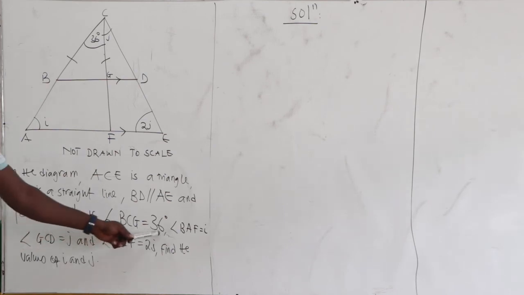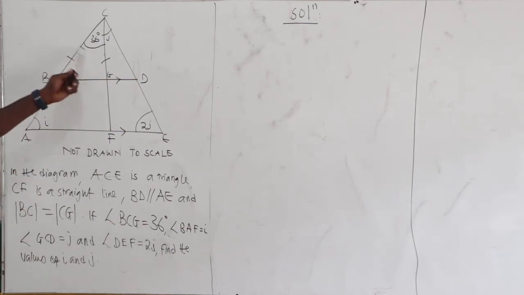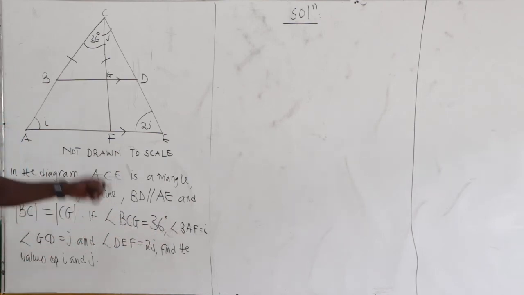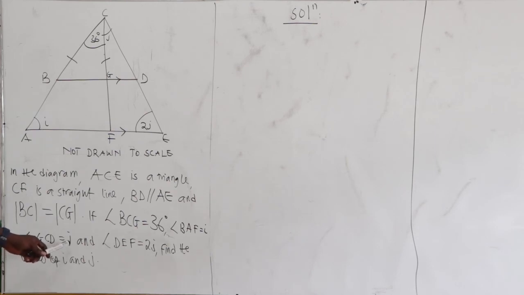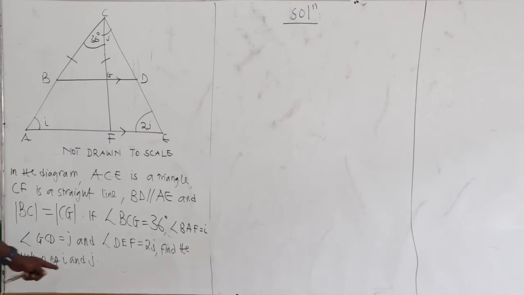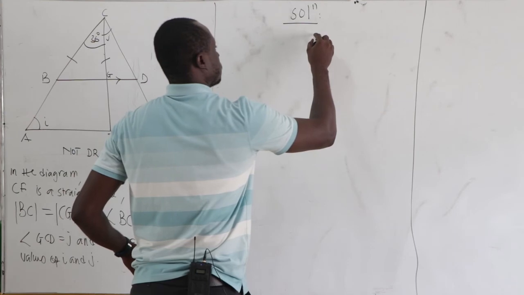If BCG is 36 degrees, and BAF is I, GCD is J, and DEF is 2J, we should find the values of I and J. Now let's redraw this.